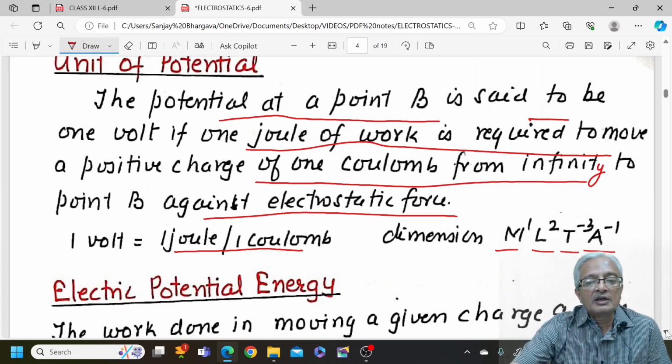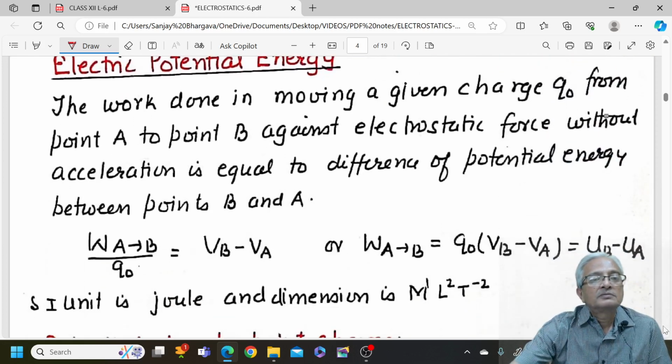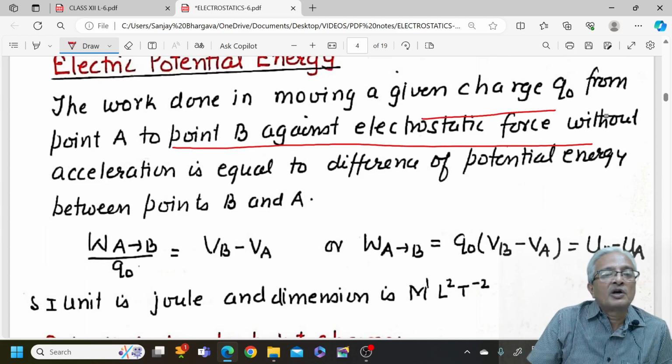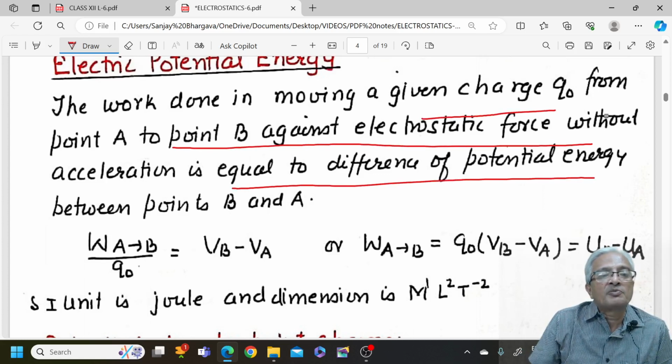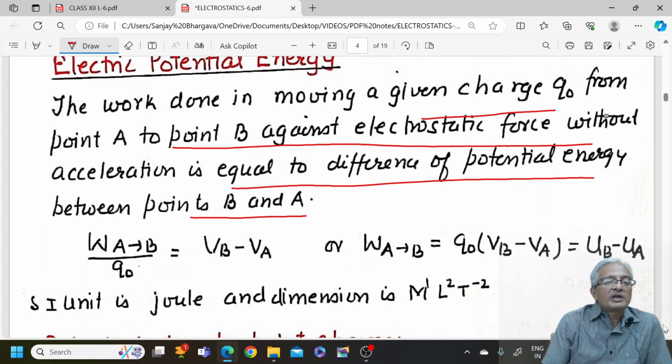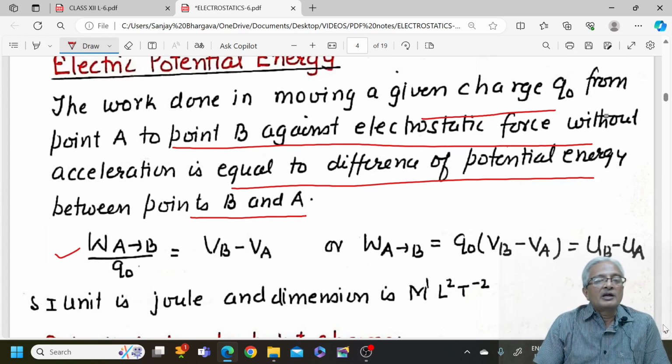Electric potential energy. The work done in moving a given charge Q0 from point A to B against electrostatic force without acceleration is equal to the difference of potential energy between the points B and A. Till now in the potential and potential difference we have been using a unit positive charge, and now here it is a given charge Q0. So by the definition of potential difference, W A to B upon Q0 would be equal to VB minus VA.